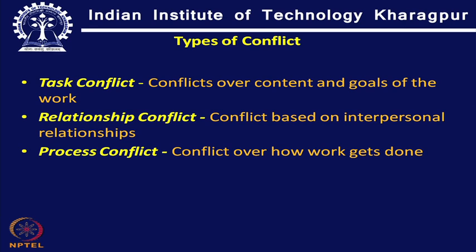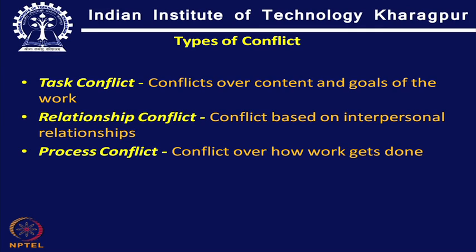Task conflict is a conflict over the contents and goals of the work. Process conflict is a conflict regarding how the work gets done.